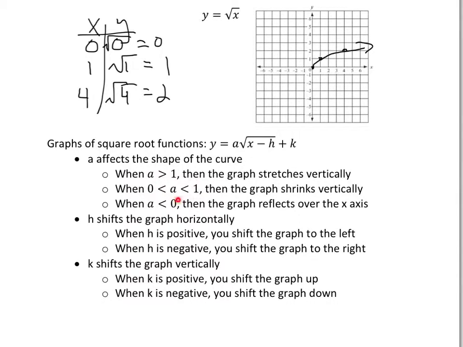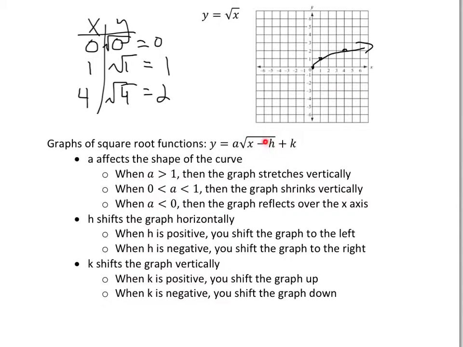Follow my little laser pointer, it's going to stay closer to 0, just like this. And if a is negative, less than 0, then it's going to reflect over the x-axis, so it's going to be coming down this way.